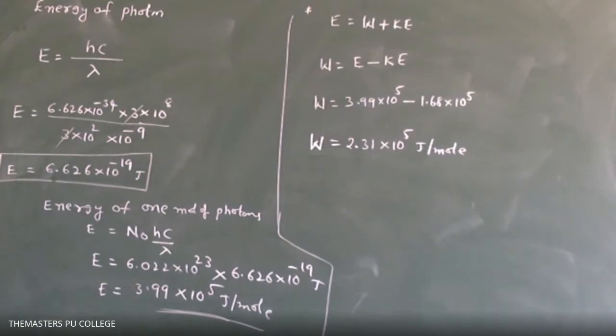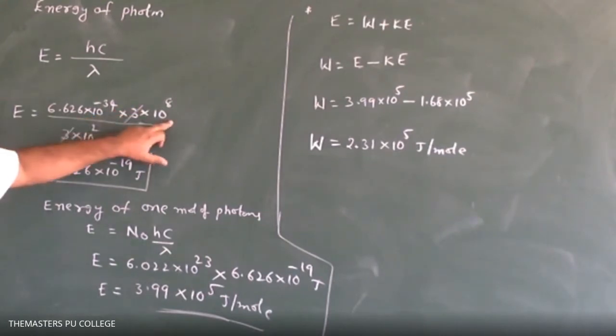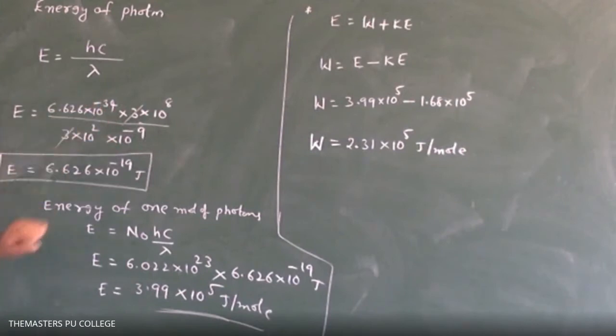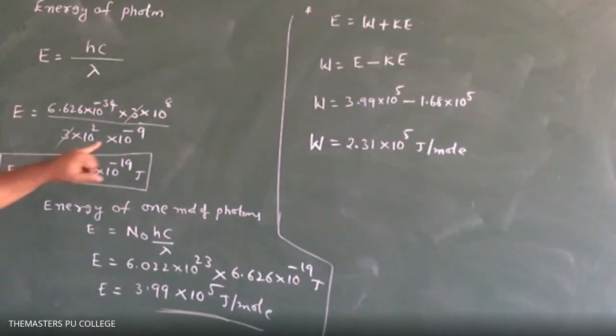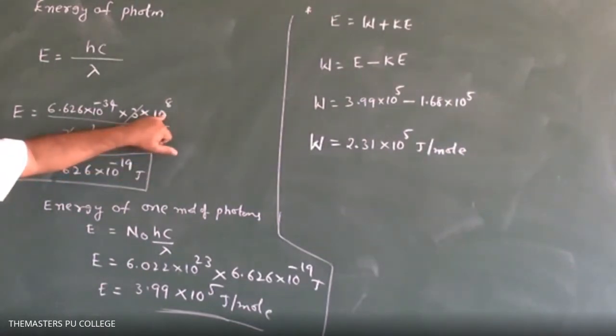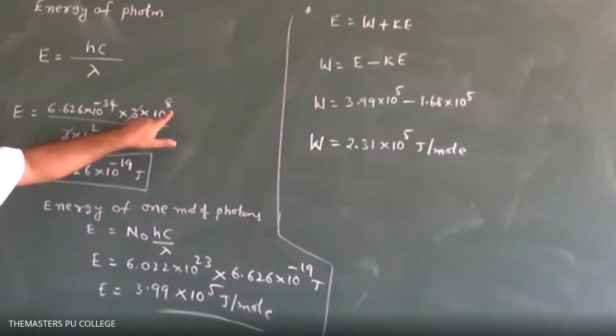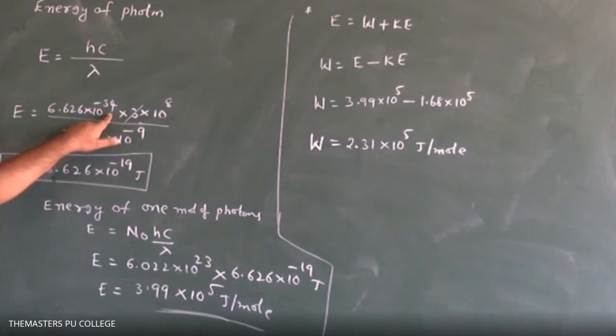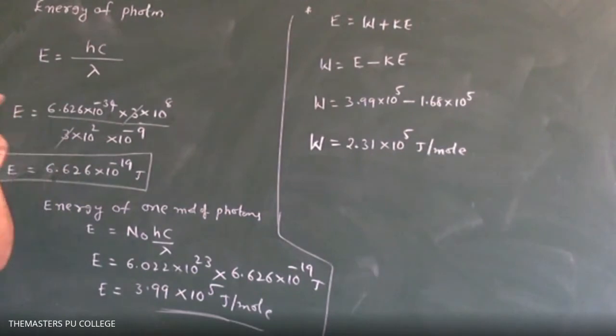The seconds cancel, the meters cancel, minus 1 and plus 1 cancel. So E is equal to 6.626 into 10 power minus 19 joules.